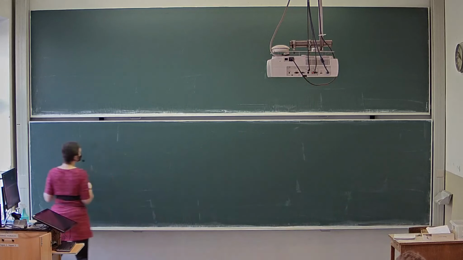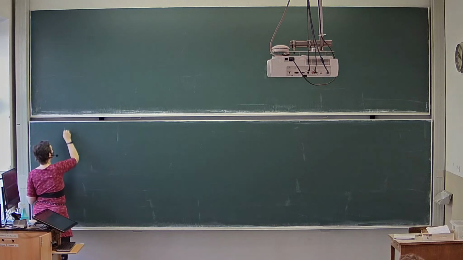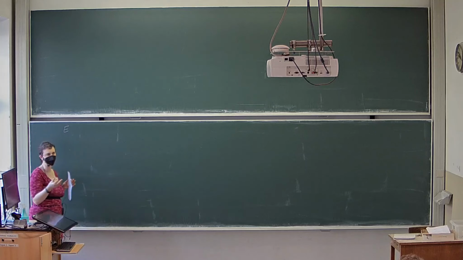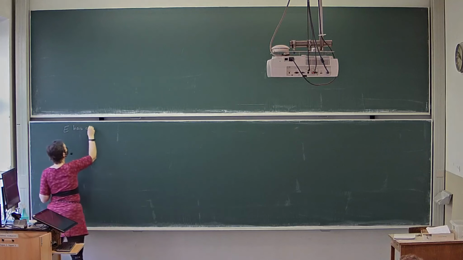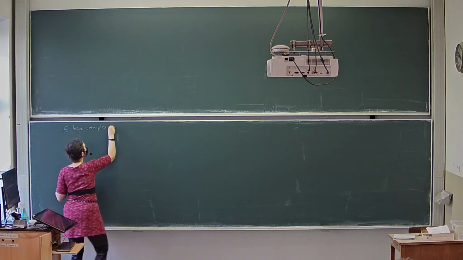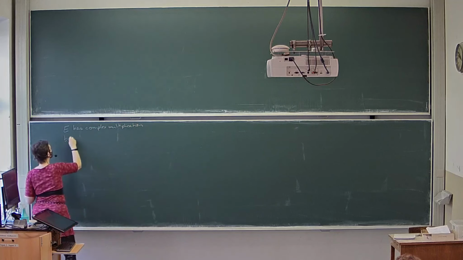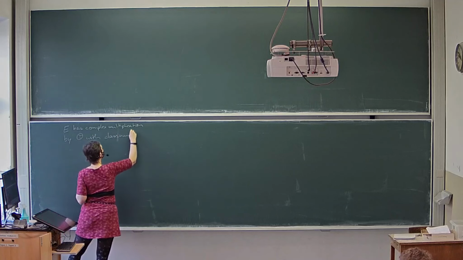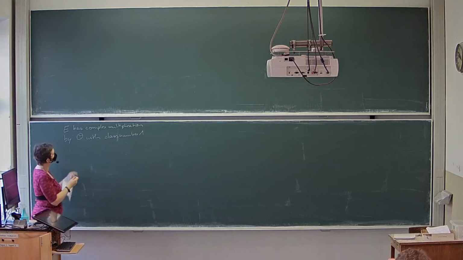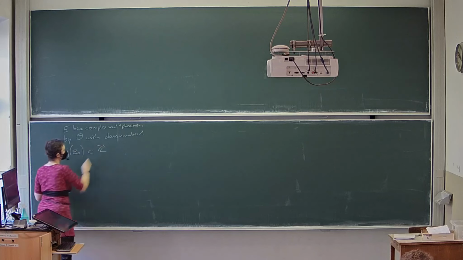In the last lecture, one result that we had was that if an elliptic curve has complex multiplication by something with class number 1, then the J invariant, I write it like this, is an integer.